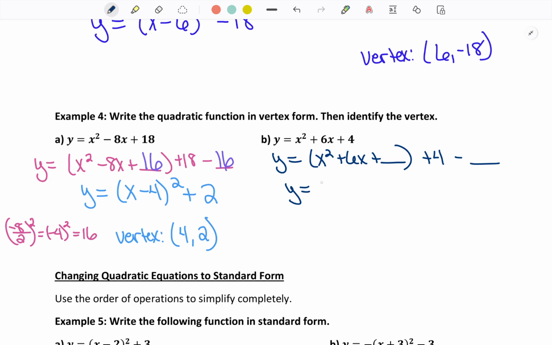So we have y equals x plus 3 squared, because we had to add and subtract a 9. And then 4 minus 9 is a negative 5. So then the vertex is negative 3, negative 5.